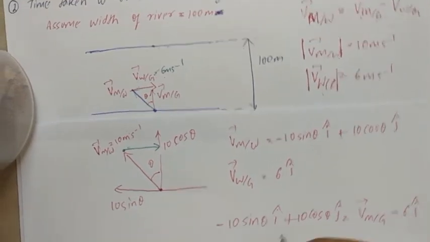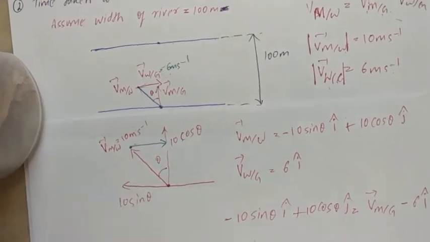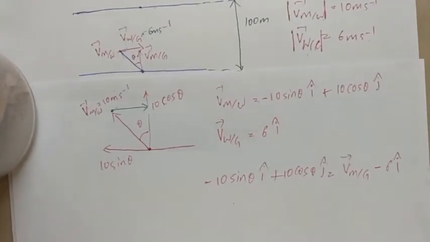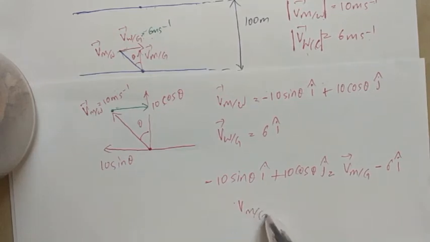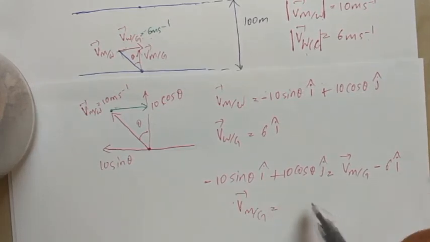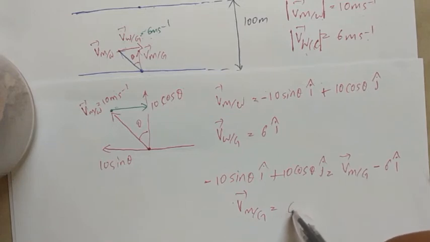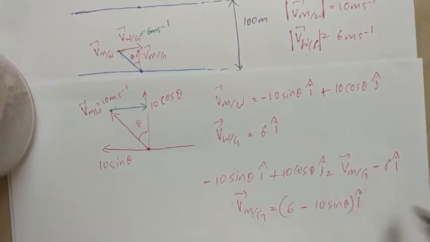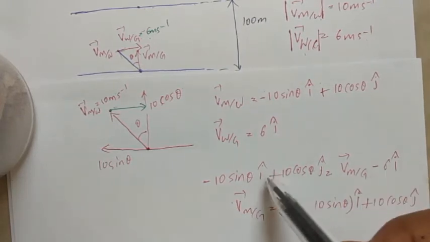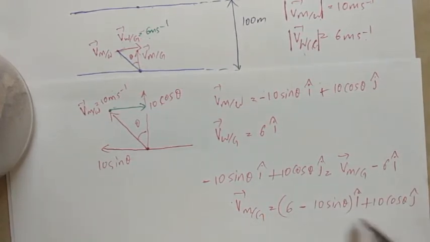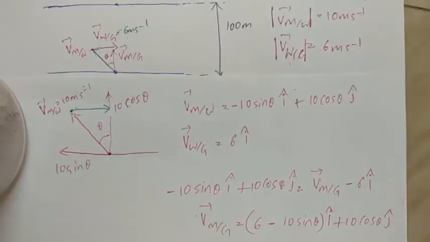Therefore we are getting the velocity of man with respect to ground as 6 minus 10 sin theta i cap plus 10 cos theta j cap. If you take this side, i can be taken common, and you can write this.